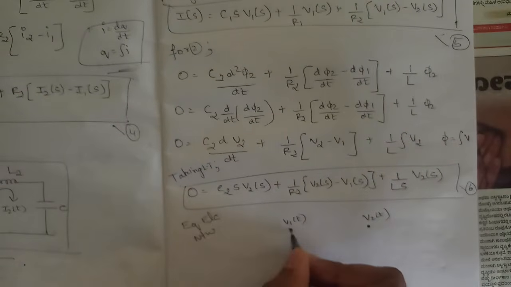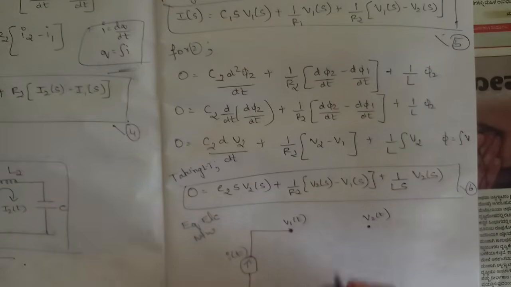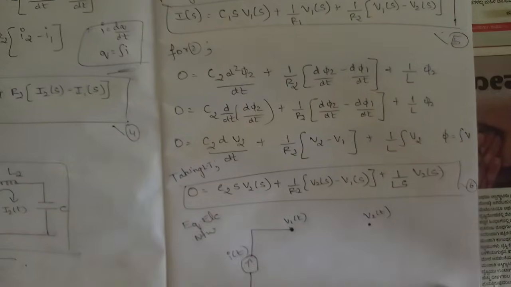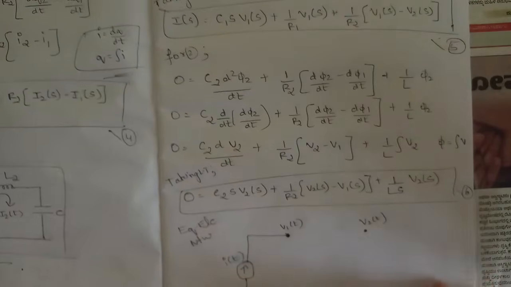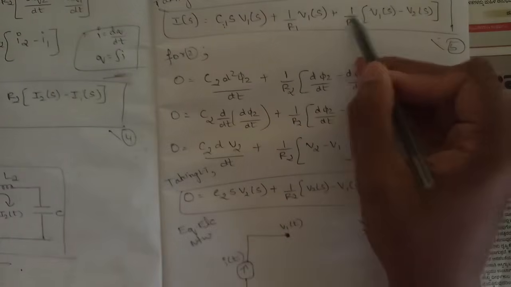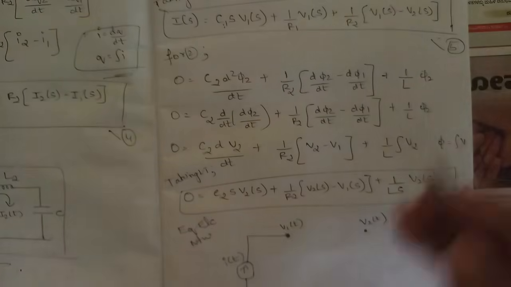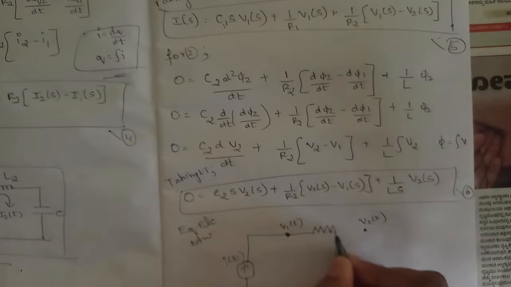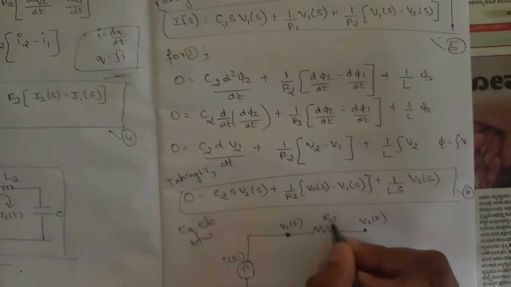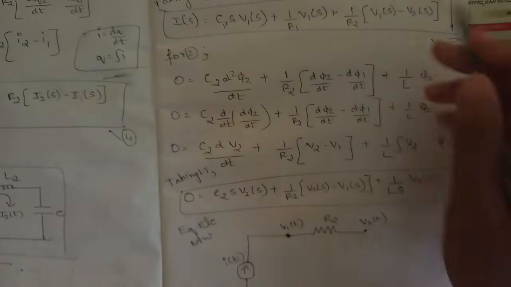So first, in place of the V1 node, build this current source and name it as I of t, and after that under node V1 we have how many components here? C1, R1, as well as this R2 is between these two nodes, right? So if R2 is between these two nodes, what we need to do? We need to write this R2 between these two nodes, okay? Since we have R2 common to both V1 as well as V2, okay?